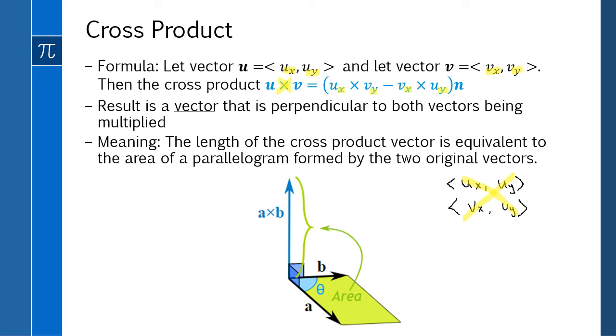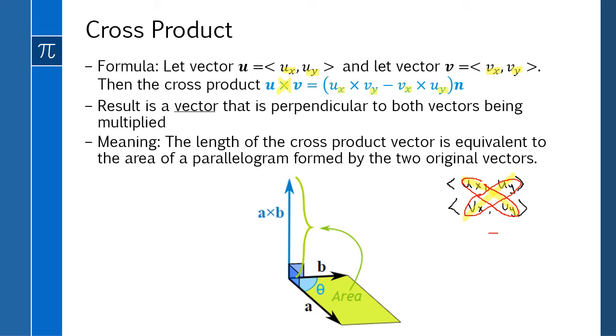So you go in an X shape. You multiply u sub x times v sub y, and then you subtract from that v sub x times u sub y. So it's a crisscross shape, cross product shape. So that's how you get the magnitude.